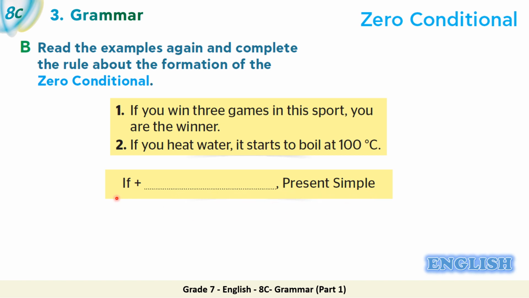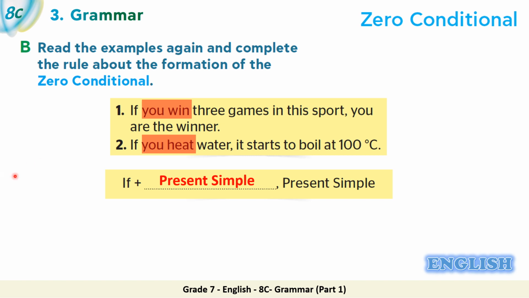Now we need to conclude what the tense is in the if part of the sentence. Let's check sentence number 1 and sentence number 2. If you win and if you heat. What is the tense here, guys? That's correct. It is present simple.